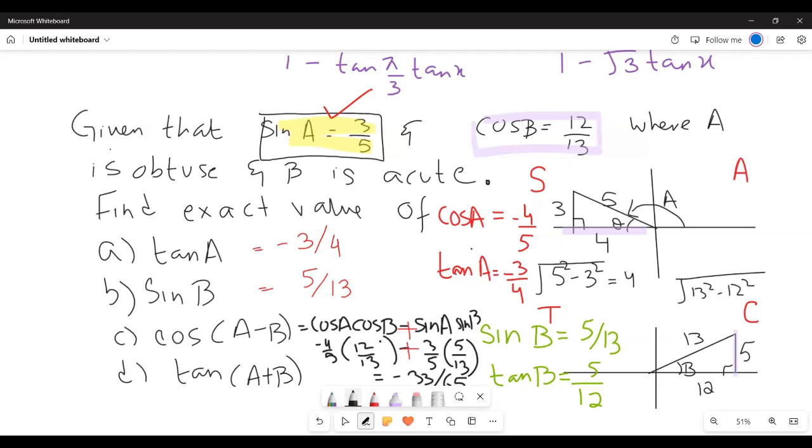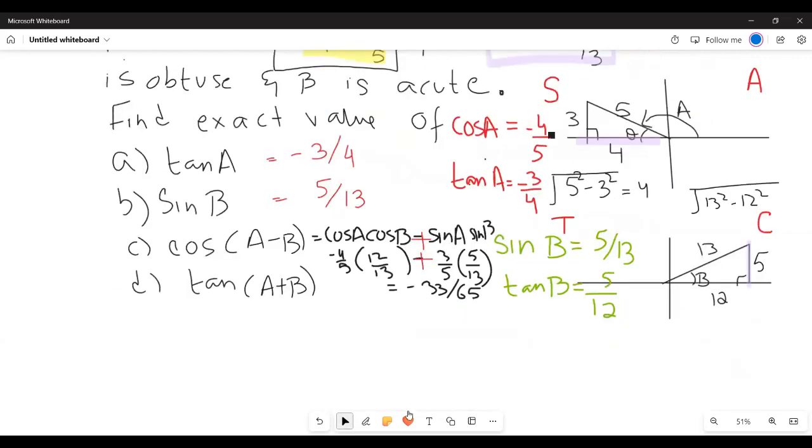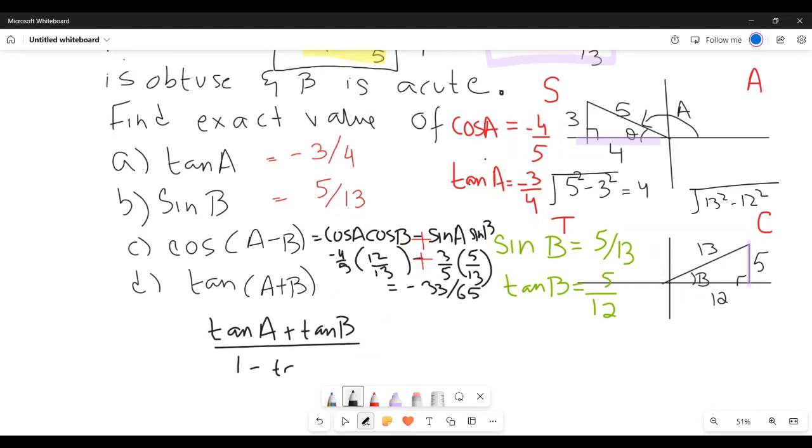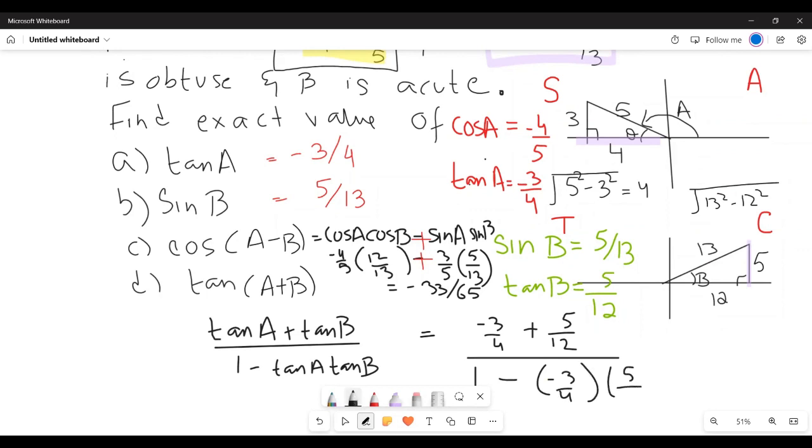All right, let's do part D. Tan A plus tan B. So that's going to be tan A plus tan B upon 1 minus tan A tan B. Tan A is minus 3 by 4 plus tan B is 5 by 12 upon 1 minus tan A is minus 3 by 4, tan B is 5 by 12.